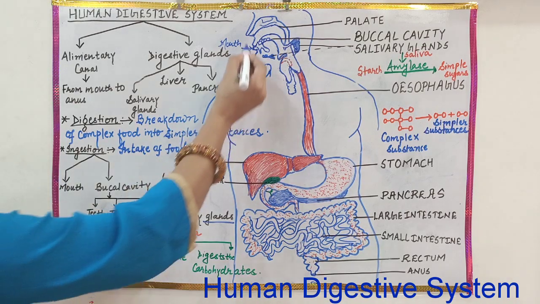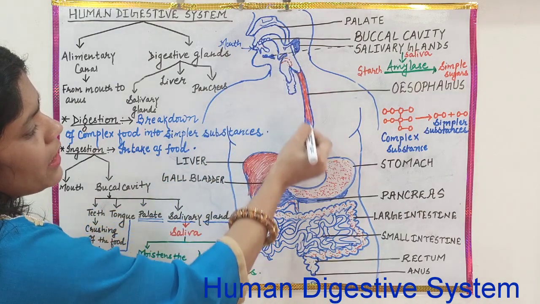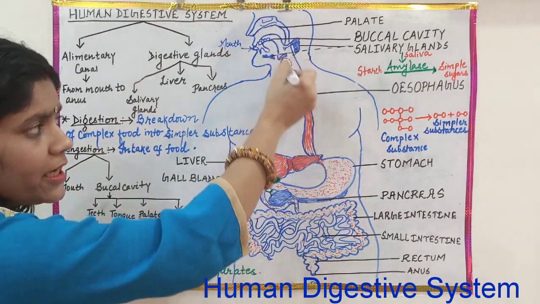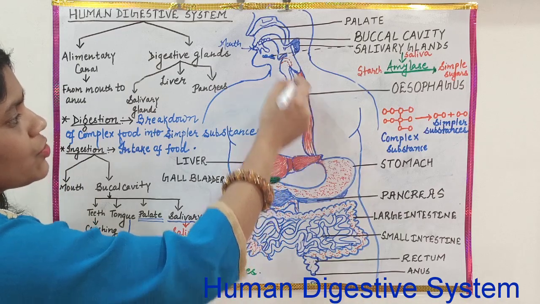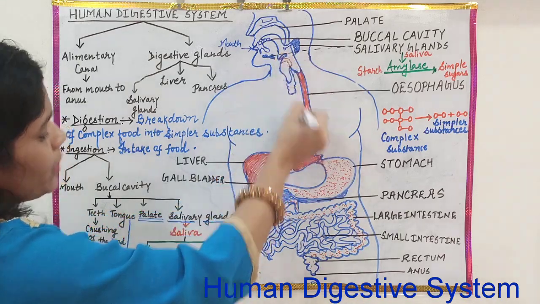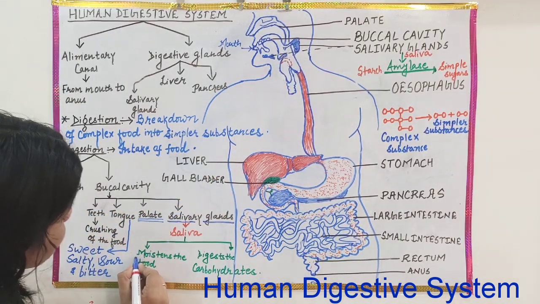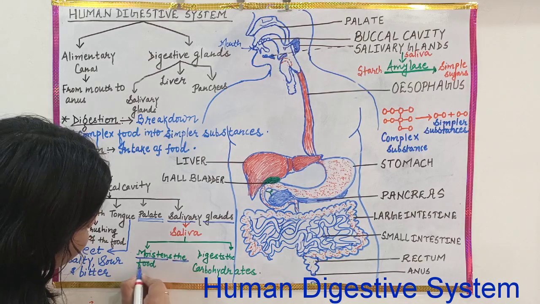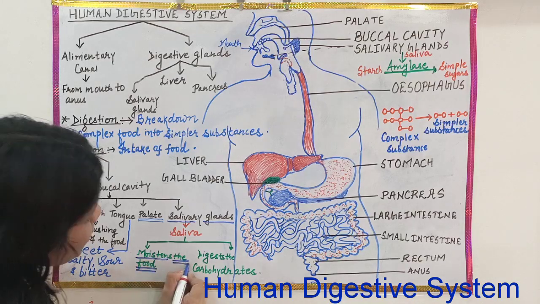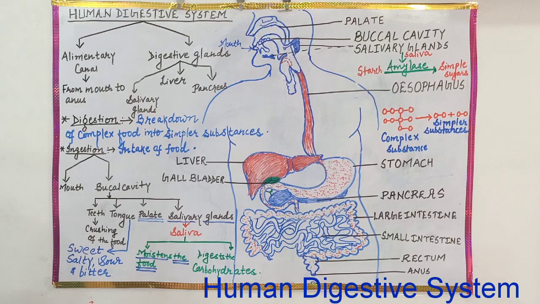Actually, the inside of this alimentary canal is soft. So it needs to be wetted so that food can easily pass through it. So saliva moistens the food so that it easily passes through the alimentary canal. Thus it helps in swallowing of the food and it digests the carbohydrates. So the digestion of the food starts inside the buccal cavity.